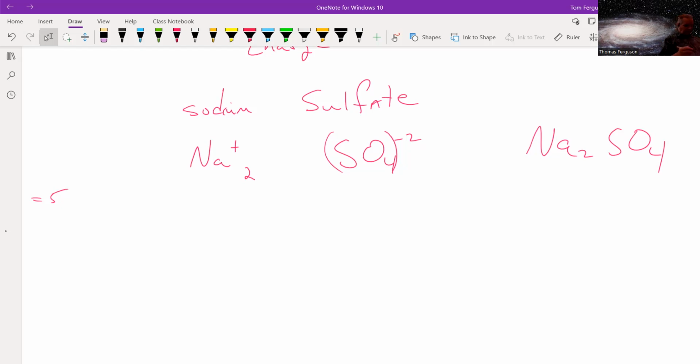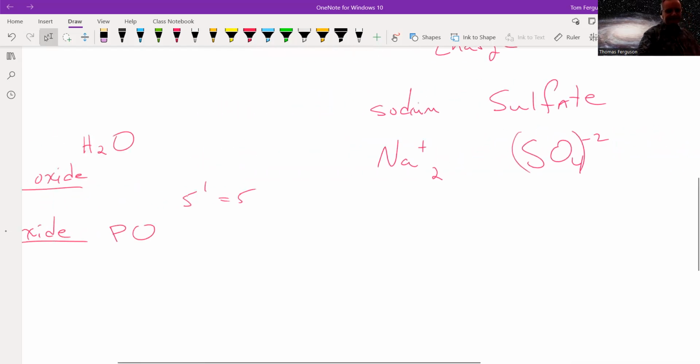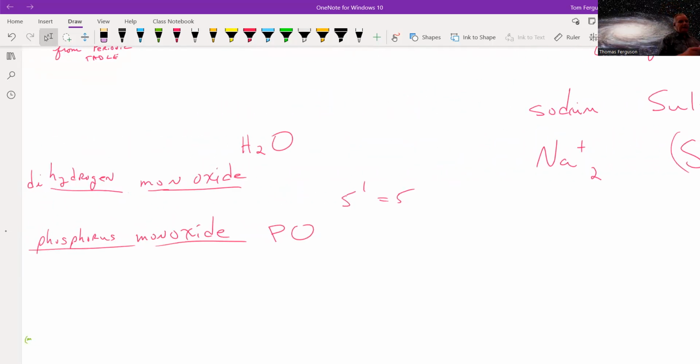Okay, now going back to covalent for a minute. If you see a di, tri, or mono in the name, it's automatically covalent because ionic is not allowed.